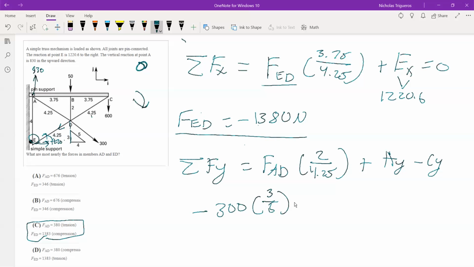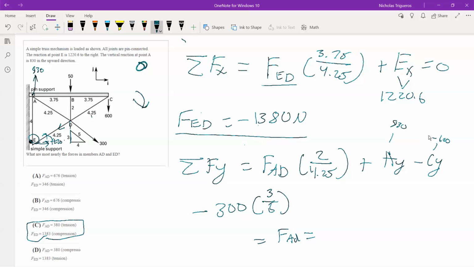So F_AD, it's the new F_AD. What is this? This is 600. No, it's 830. This is 600. 830 minus 600 minus 300 times 3/5. Move to the other side, negative 50.